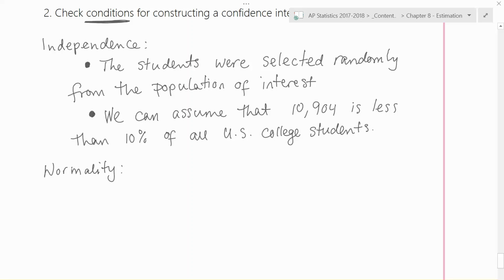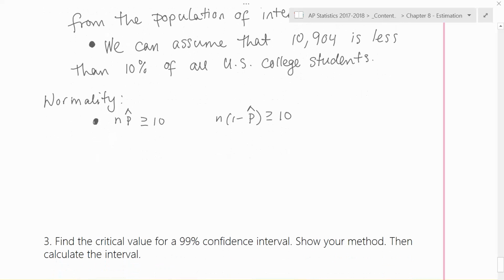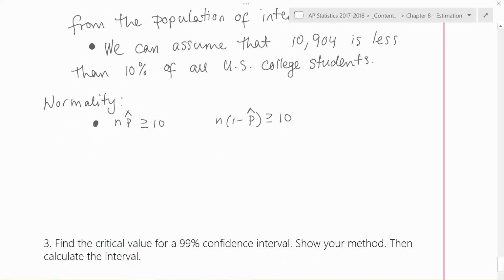That's a subtle distinction that's a little bit important. So we've got to check large counts. We used to check np greater than or equal to 10 and n times 1 minus p greater than or equal to 10. But remember, we don't have the true proportion anymore. That was chapter 7. It's a whole new world now, whole new ball game.